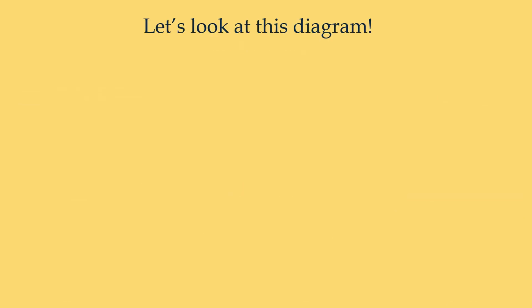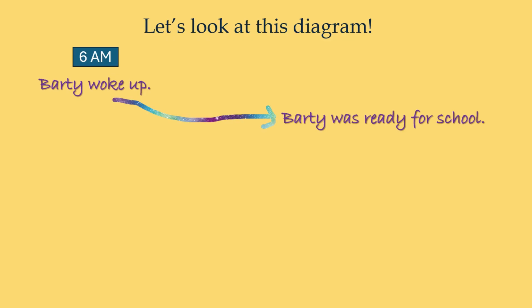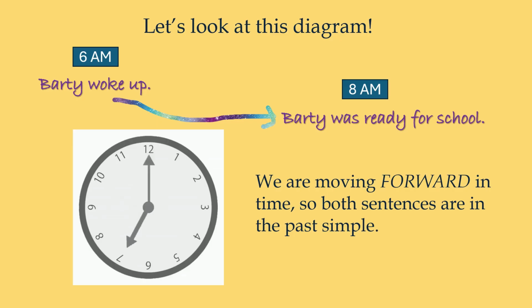Now let's take a moment to look at this diagram. Here we see Barty woke up at 6 a.m. and 2 hours later, Barty was ready for school at 8 a.m. We are moving forward in time, so both sentences are in the past simple.